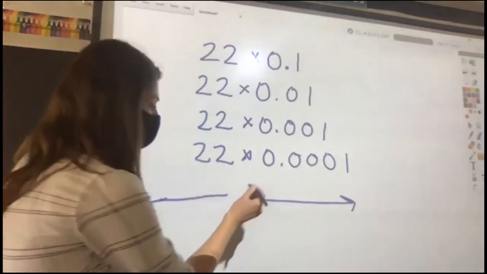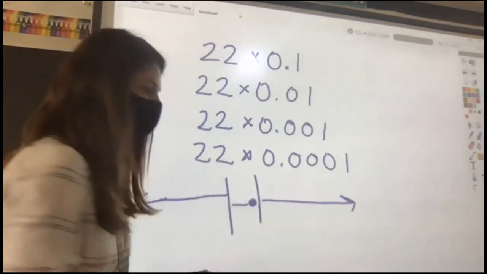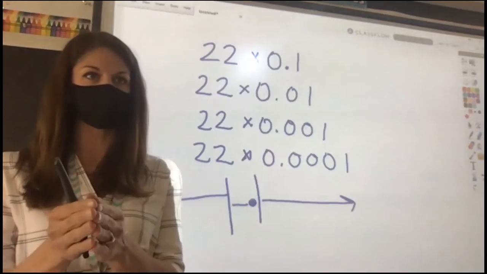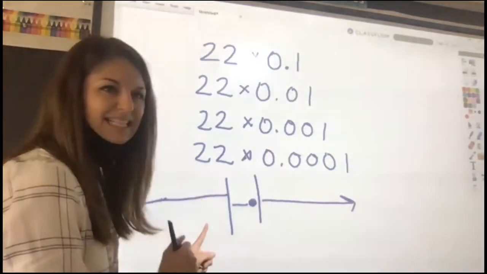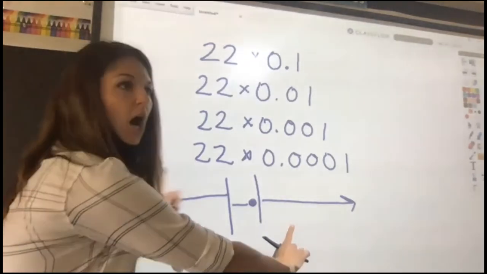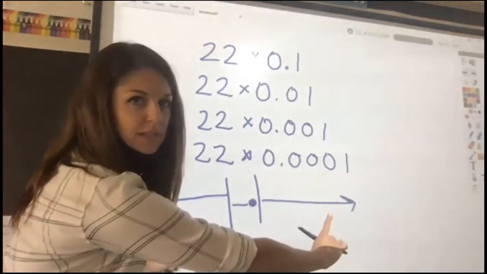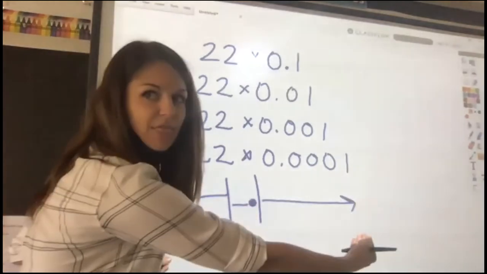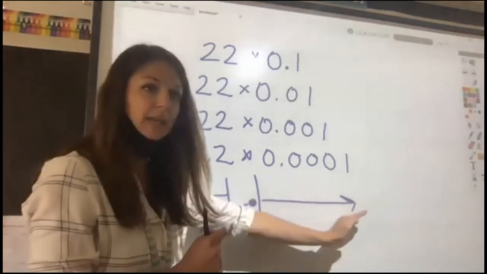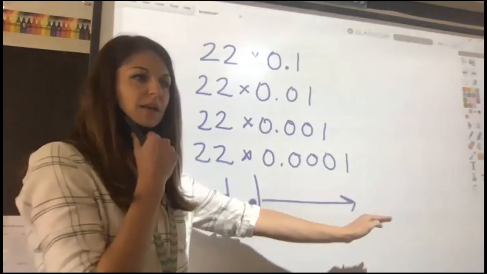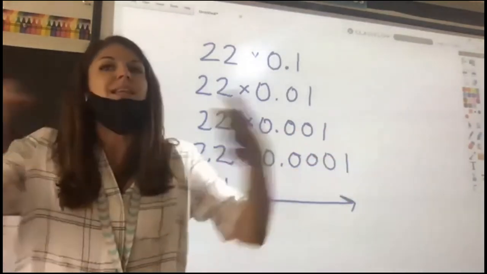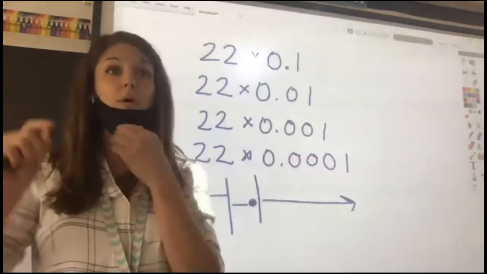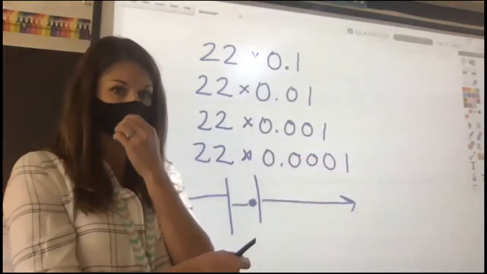If this ones place was the center fold of our number system, we have tens, tenths, hundreds, hundredths, thousands, thousandths. The only difference in the language is those decimal zones have a THS on the back, but they're exactly the same wording on the left as on the right.